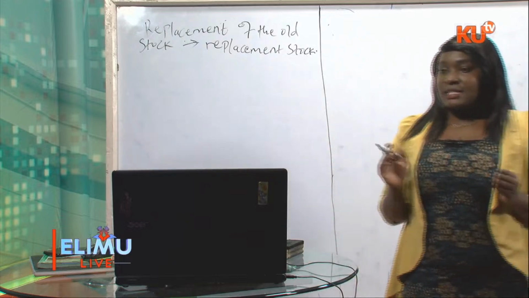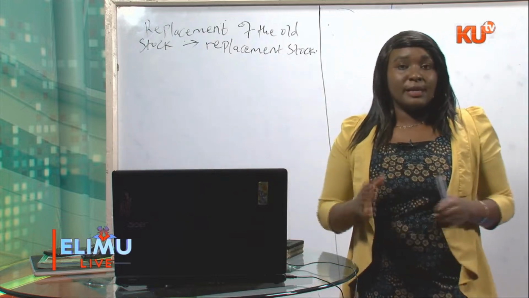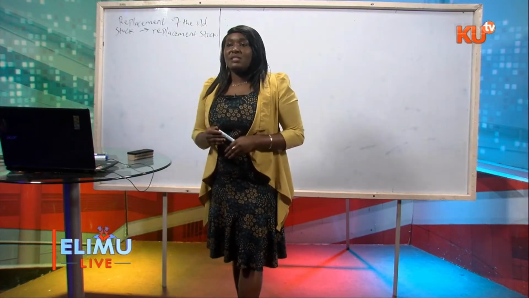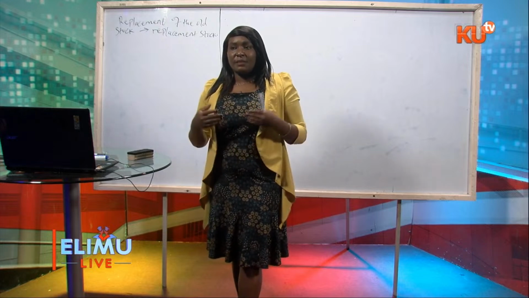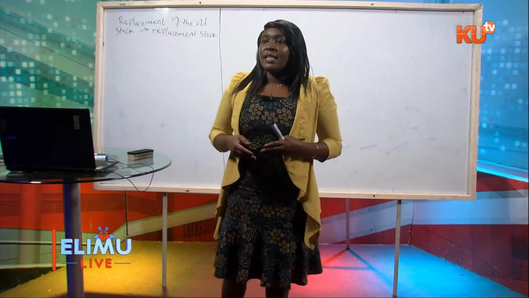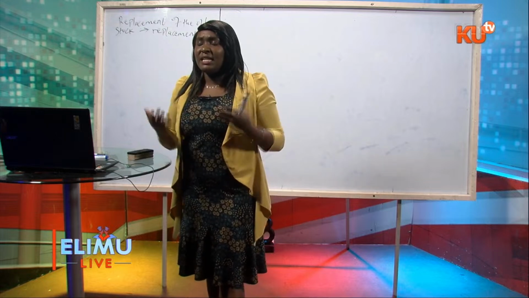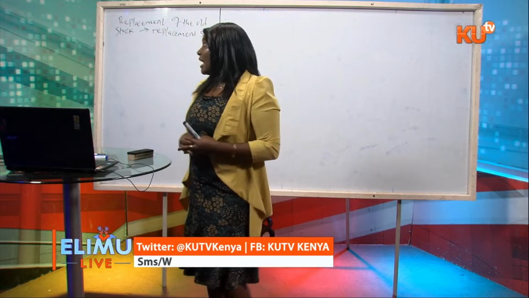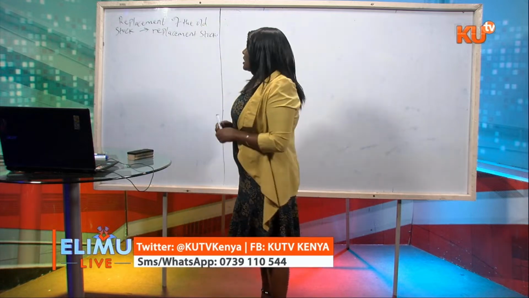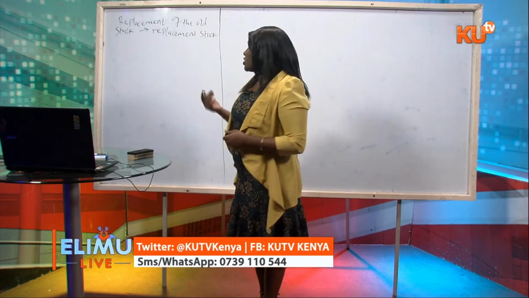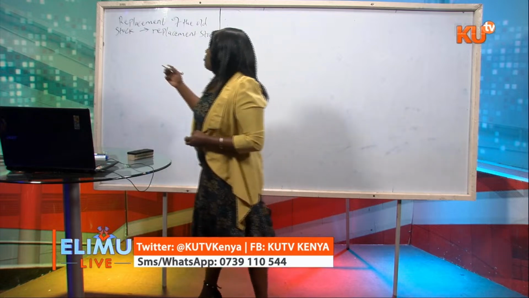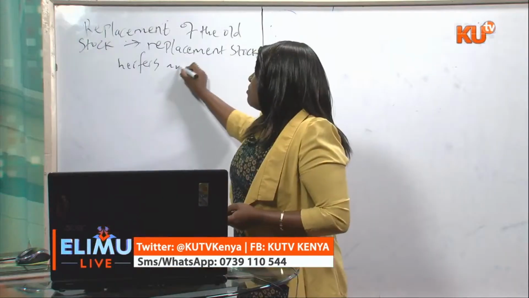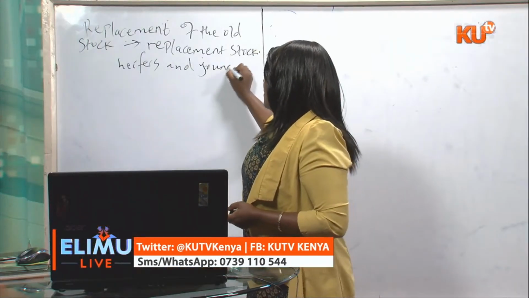I want to believe that that is very clear, because replacement stock, we have said, is where you replace old animals that are wearing out. They have started becoming a bother in your farm. They have started producing little amount of milk. They are not economical to keep in your farm, dear learner. You need to replace that stock with a new version or new animals, young animals. That is the heifers and the young bulls.